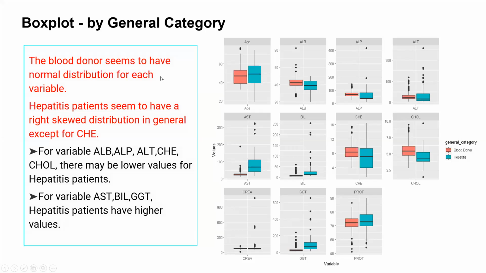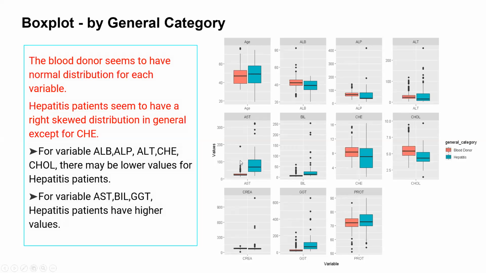Next, we will divide the data into 2 categories, blood donor and hepatitis patient, where hepatitis here includes cirrhosis and fibrosis. We can observe the blood donor seems to have a normal distribution for each variable. Besides, hepatitis patients seem to have a right skewed distribution in general, except for CHE. For variables ALB, ALP, ALT, CHE, CHOL, there may be lower values for hepatitis patients.